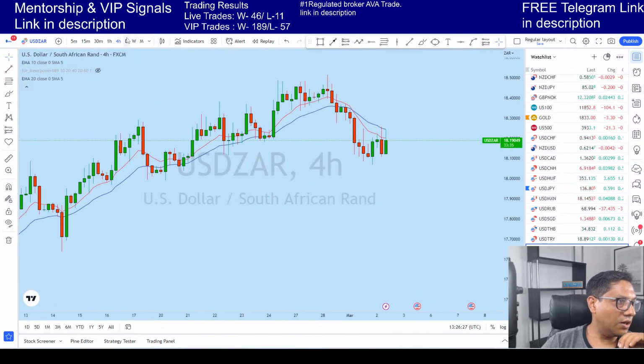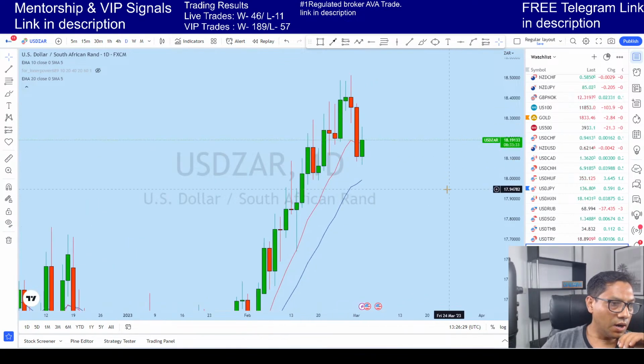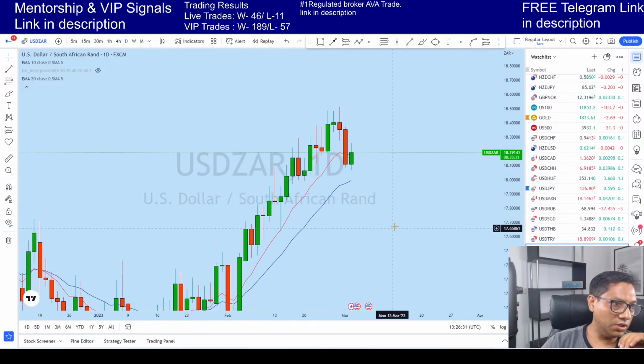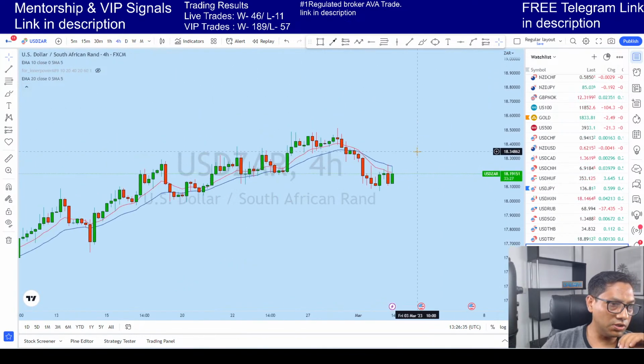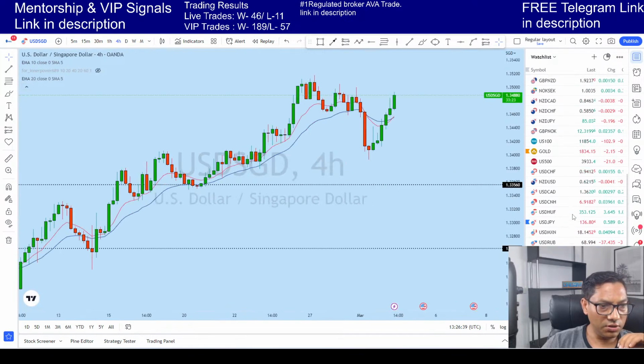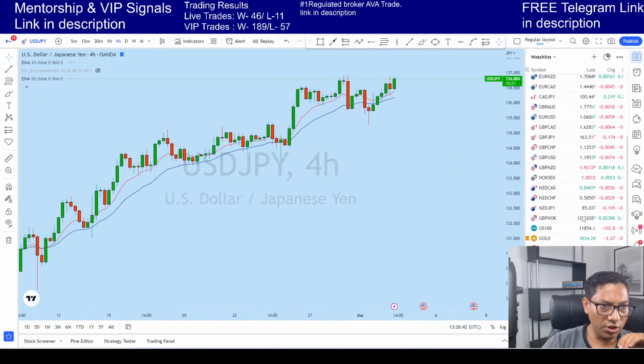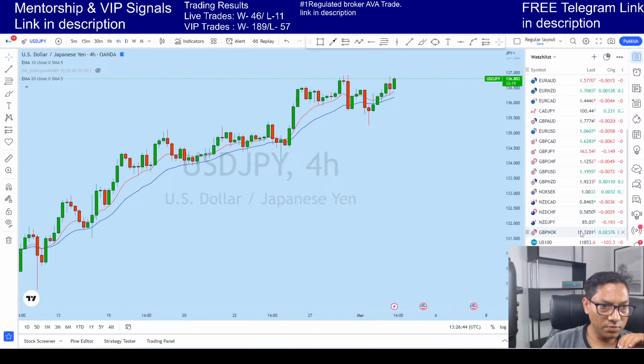Okay, USDZAR, I think this market will slowly turn into a bullish market. You see that slowly it's preparing for a bullish move. USD is also bullish. Dollar yen.